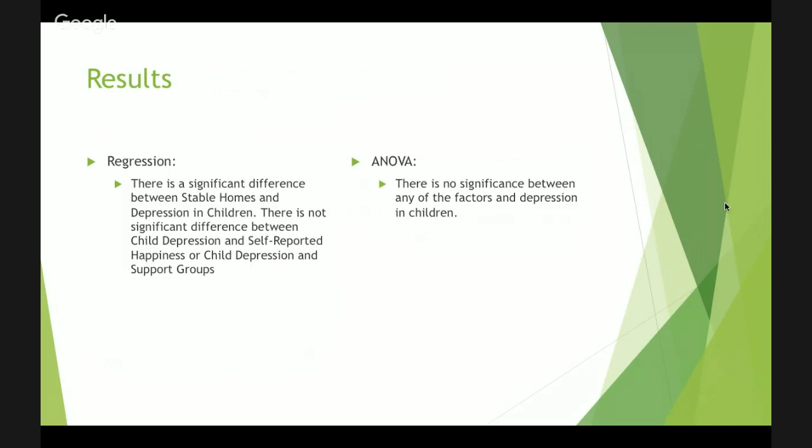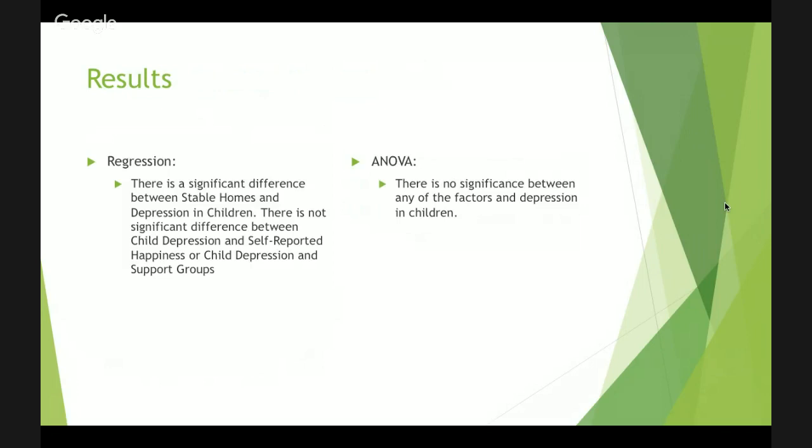Now the results. That was a lot of information, went through very quickly, but the point of all that is the data results. What we've got from regression is that for home stability, there is a significant difference between it and depression in children. That means there is something significant there.